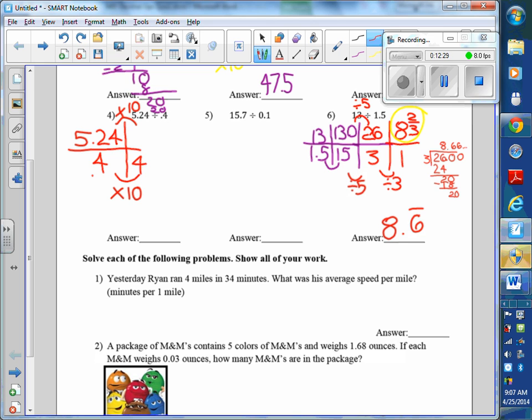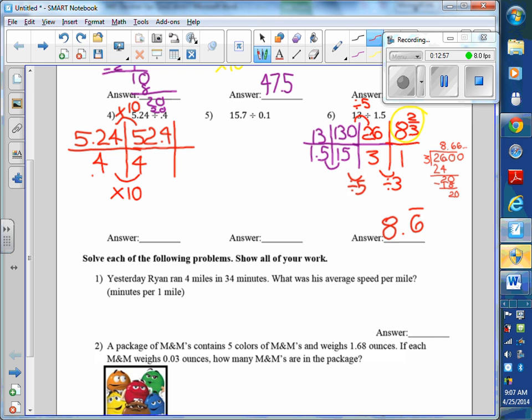So with those 3 digits, where's the new decimal going to be when you multiply by 10? Yeah, close to 50, right? So it's going to be 52.4, right? When you multiply by 10, the number gets larger by 1 power of 10, which means the decimal shows up over 1 digit.